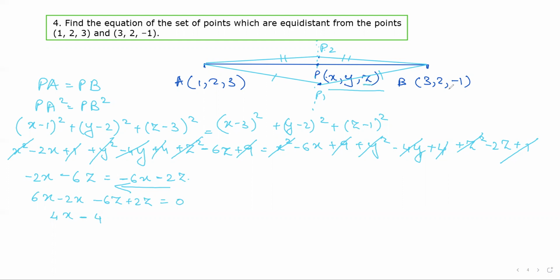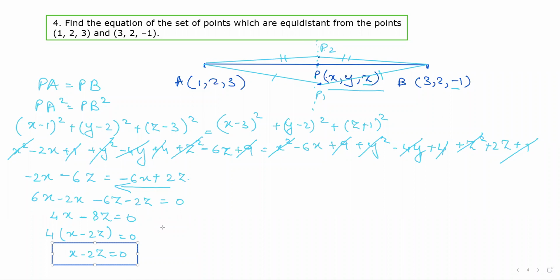Here, z minus of minus 1 would be z plus 1, which will make this plus, which means this is positive and this is negative, right? Which means here the value will be minus 8z is equal to 0. So 4 in common, x minus 2z is equal to 0. 4 will be divided over here. This would be the equation.